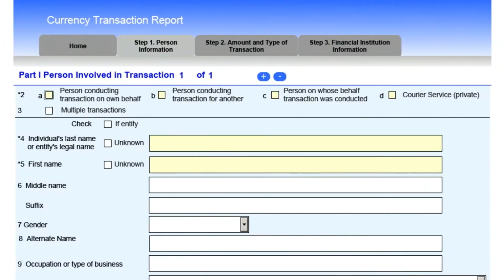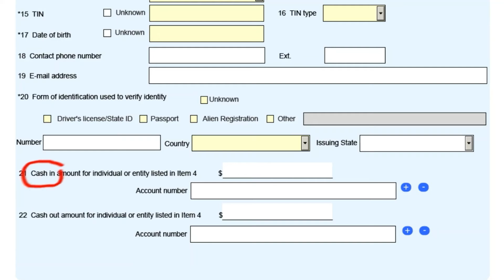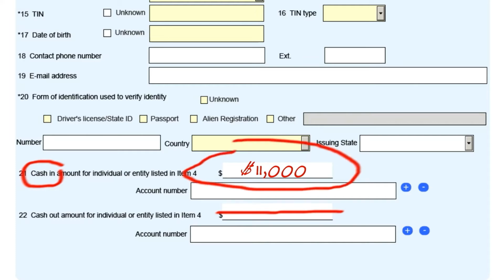You would complete the CTR as cash in $11,000 for the deposit and the exchange, and no entry for cash out, because the currency exchange is aggregated with each of the cash in and the cash out amounts. The result is a reportable $11,000 cash-in transaction. The total cash-out is $9,000, which doesn't meet the reporting threshold.